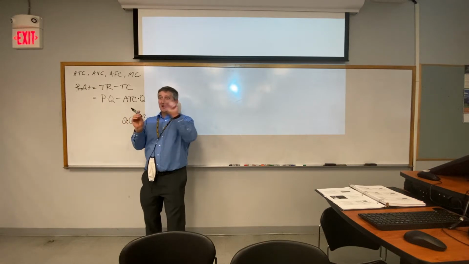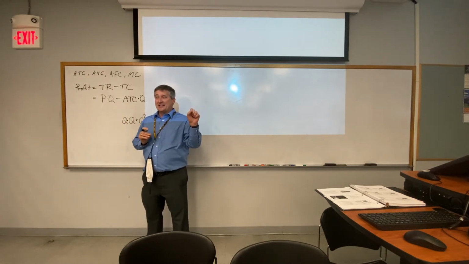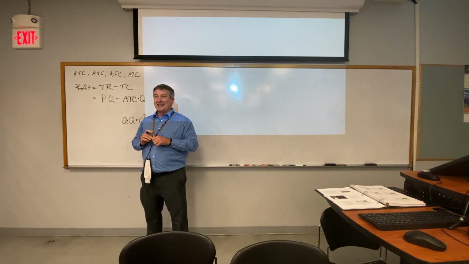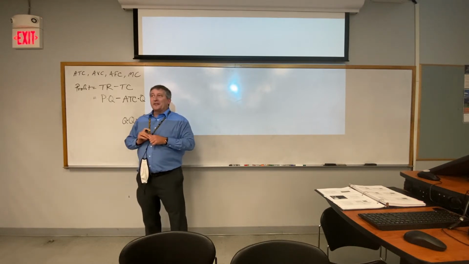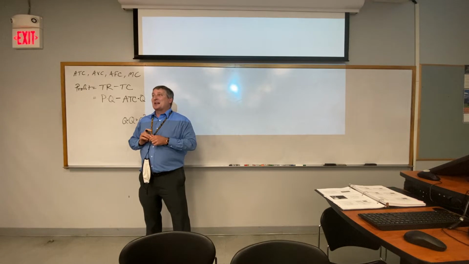What do I need to do? Multiply? Well, I'm thinking of a word that's called factors, since we talk about the factors of production. What does it mean to factor out something? The common factor we can pull out.